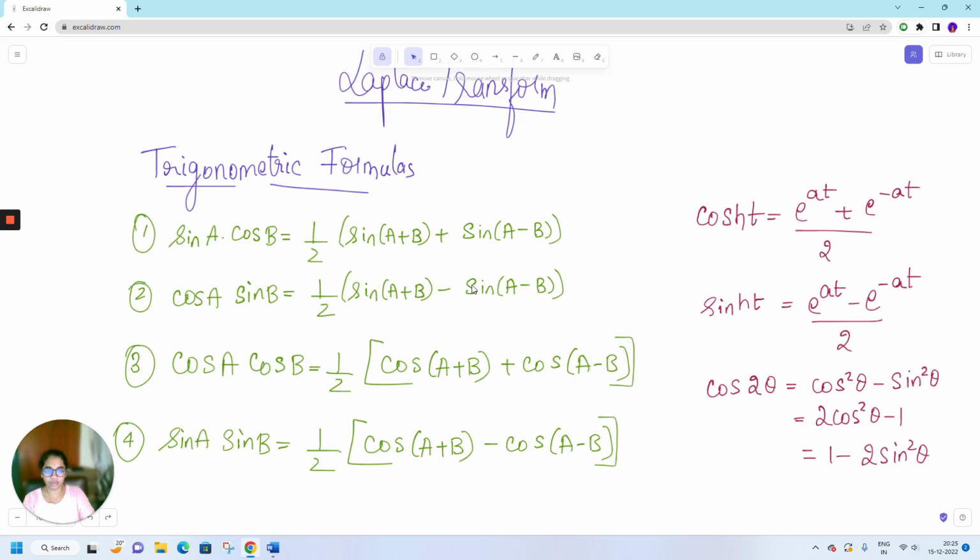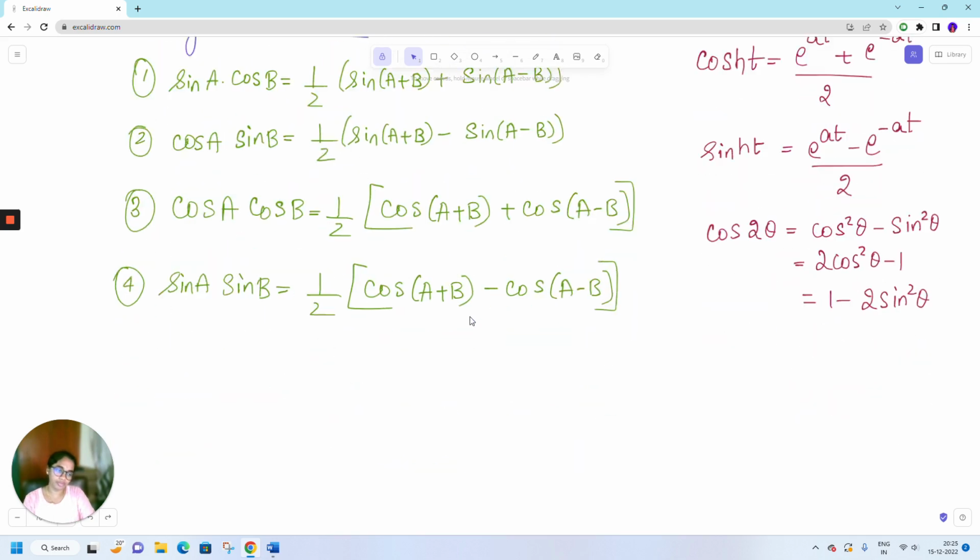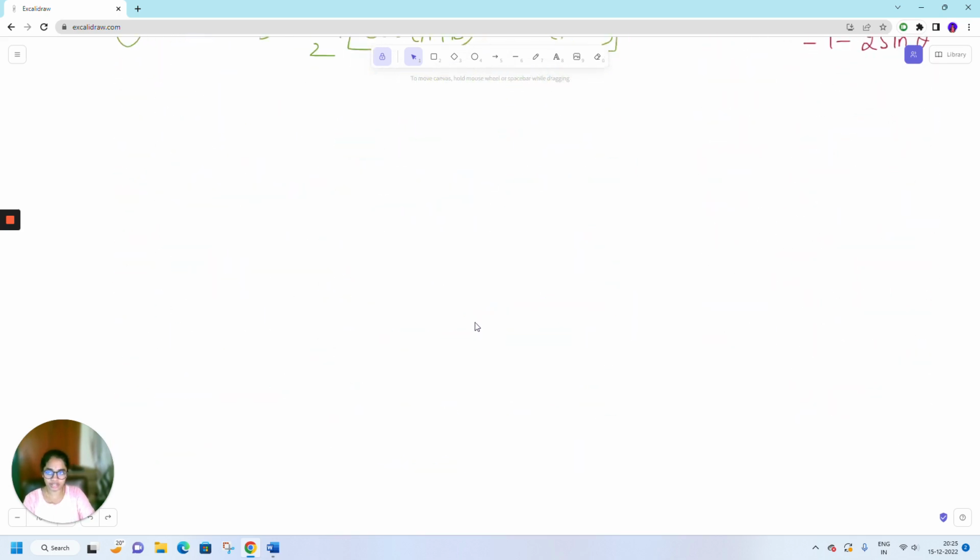Now, moving on to our formulas on Laplace. I told you if f of t is a real valued function, then we denote Laplace of f of t as something like this.